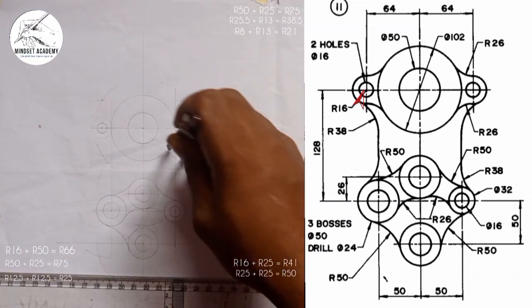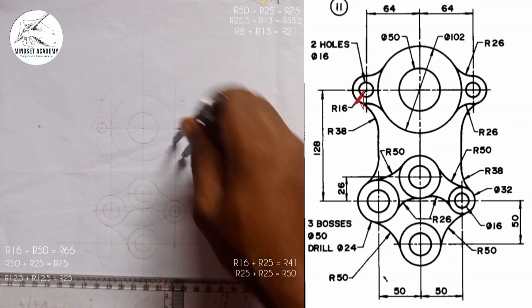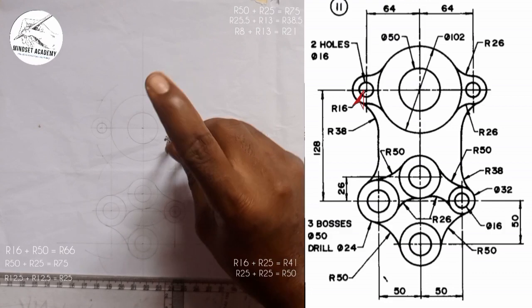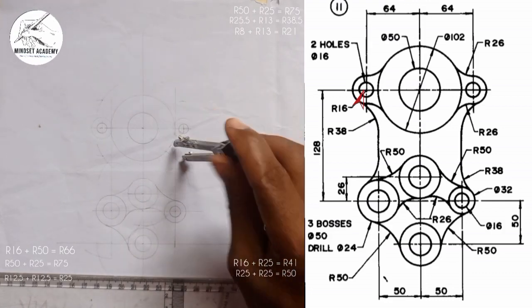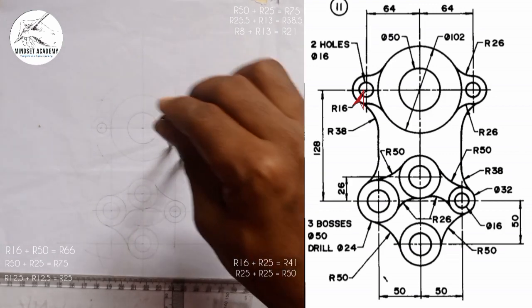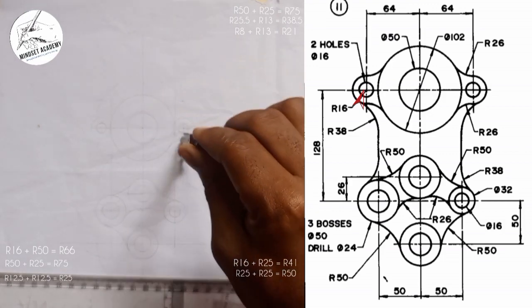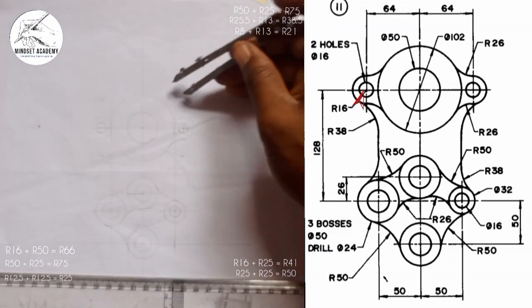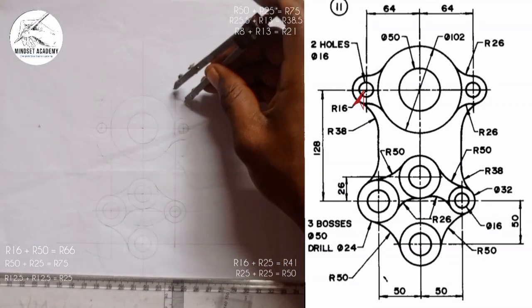Adjust to the circumference of the circle. I see that. So I'm going to thicken it this way. I'll go to the other one too. I'll do the same thing too.